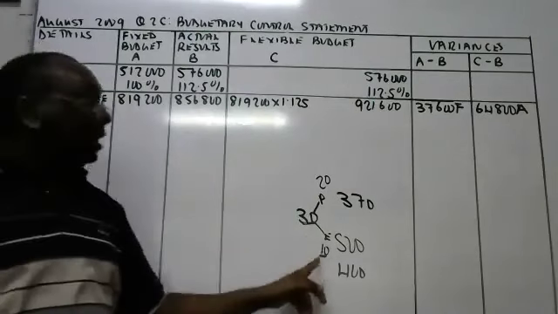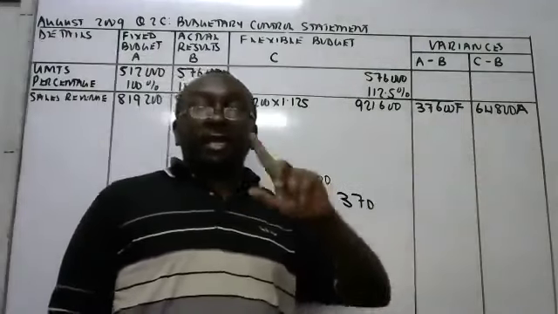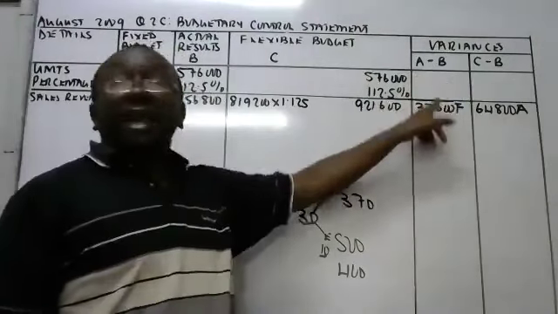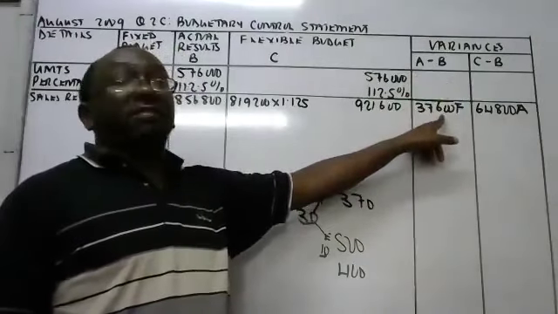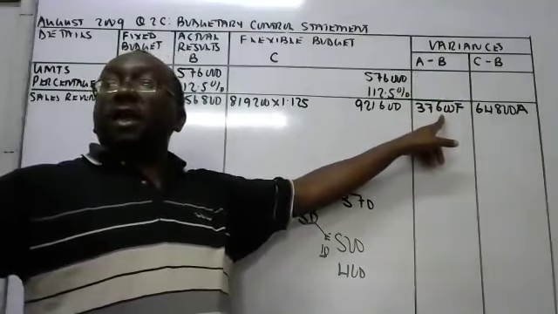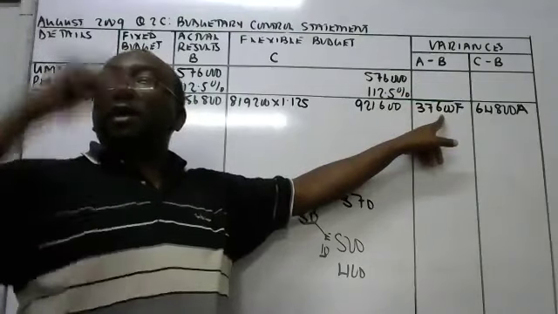So I was still explaining why we need this. The other danger that comes in now: this guy here, according to this variance, has reported a favorable variance. You are likely to reward him, either by giving him a salary increment or making him the senior-most guy.